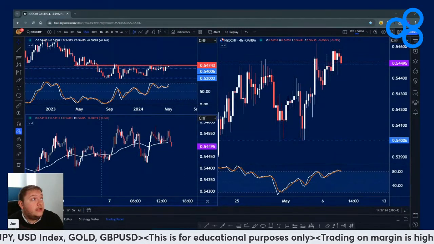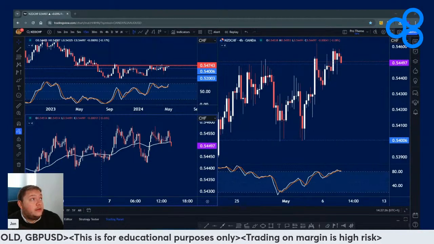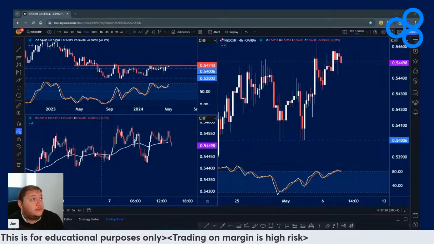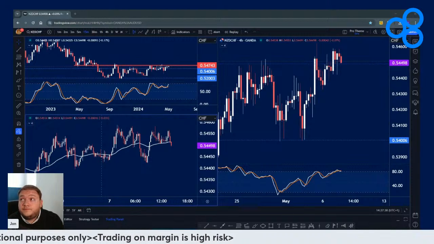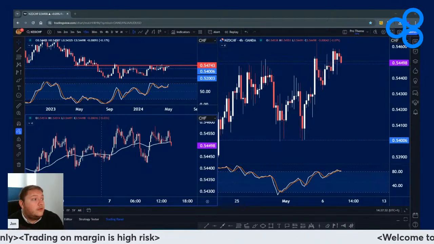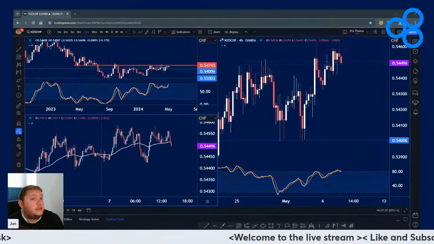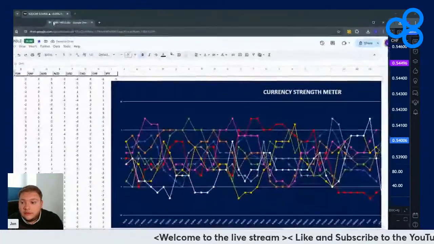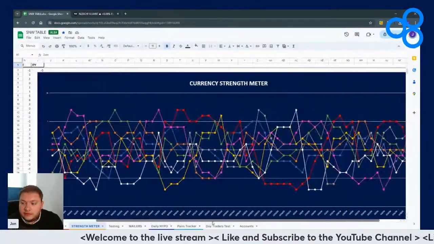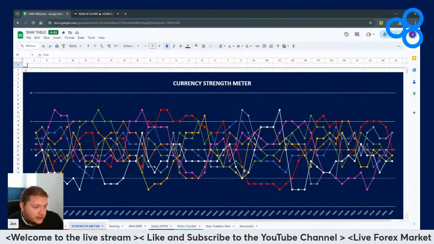If I bring in the currency strength meter, let's have a little look at this. We have a look at the currency strength meter here. Swiss franc, strong currency.